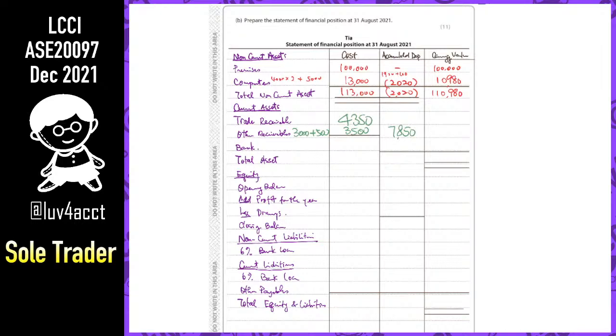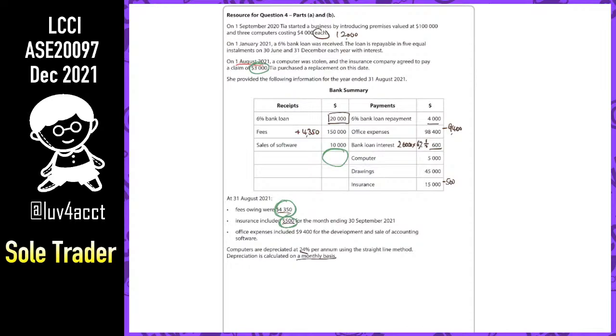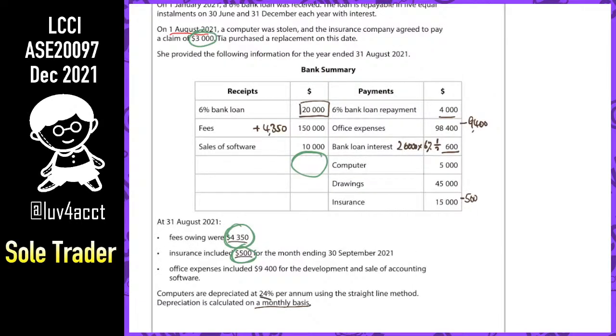And then we go back to the question. We have to calculate the amount of bank we have. There's no cash taken in the company, so you start with zero balance. 20,000.